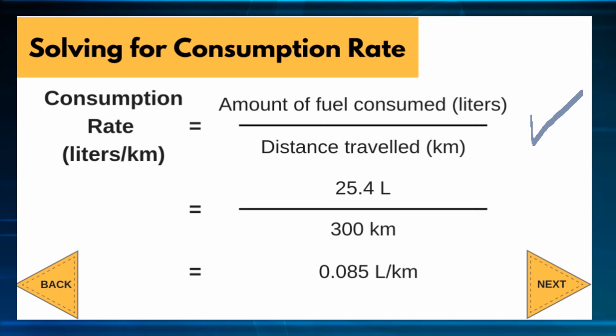So based on our example, on the receipt in the previous slide, we got 25.4 liters, and based on the computation, we've got 300 kilometers as the distance traveled. So dividing the two, we get 0.85 liter per kilometer. So this is now the consumption rate.